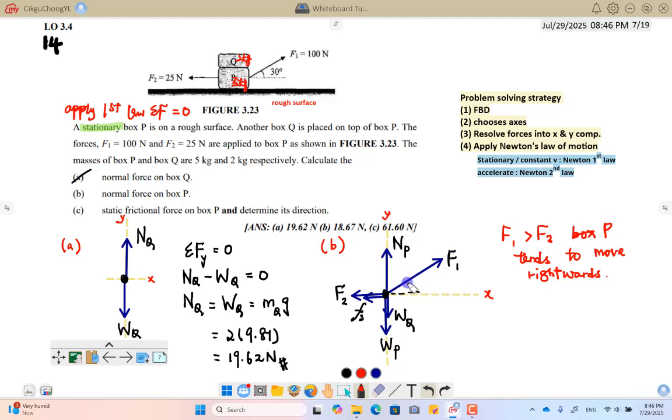However, F1 is acting at an angle of 30 degrees, so I need to break down F1 into its perpendicular components. The x component of F1 is F1 cos 30, and the y component of F1 is F1 sin 30.